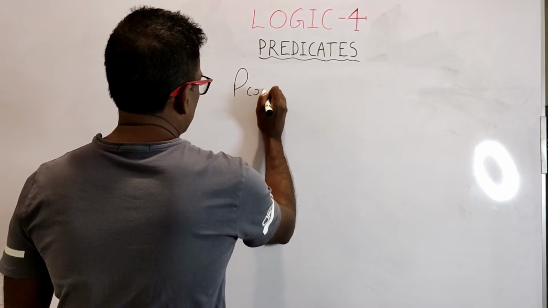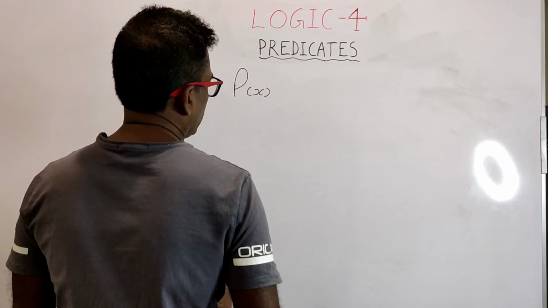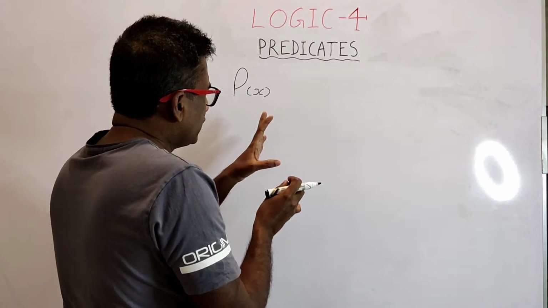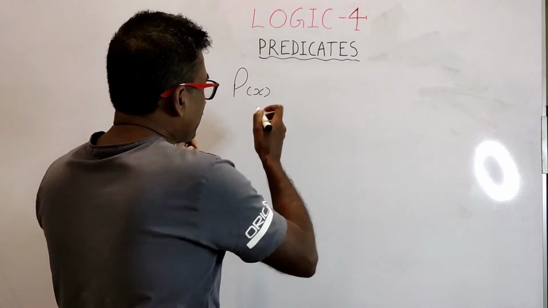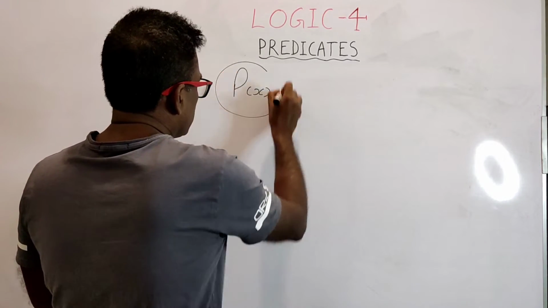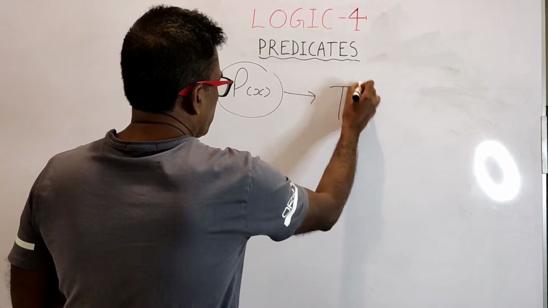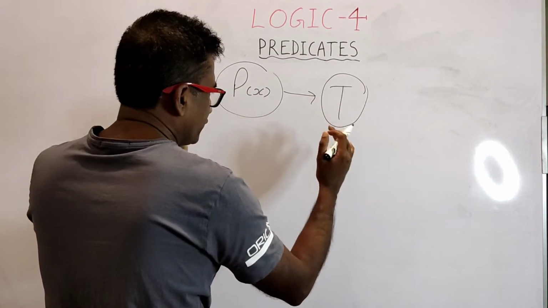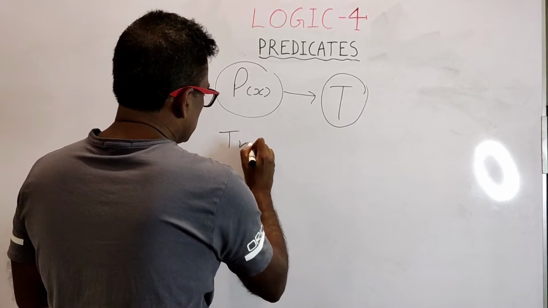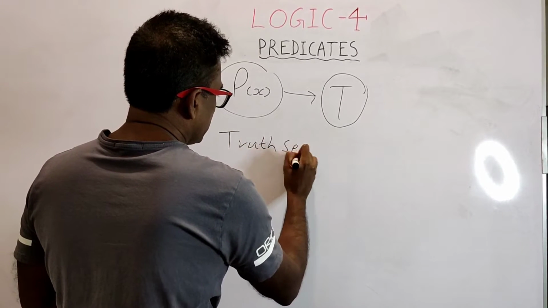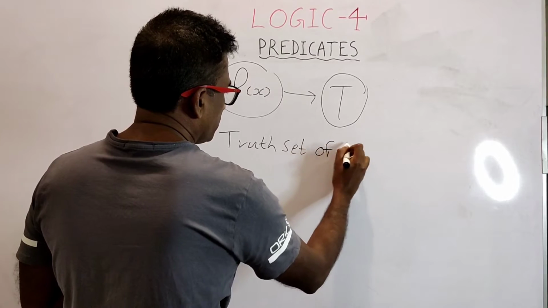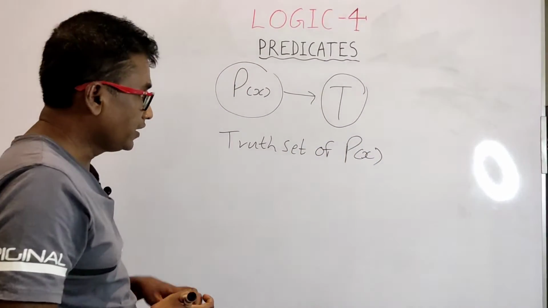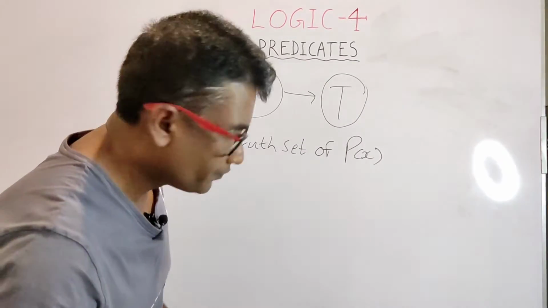Let there be this predicate P of x, okay, and think of all the possible values that can replace x that would make this predicate a true proposition. The entire collection of such values is called the truth set of this predicate P of x. Okay, we will look at an example now.